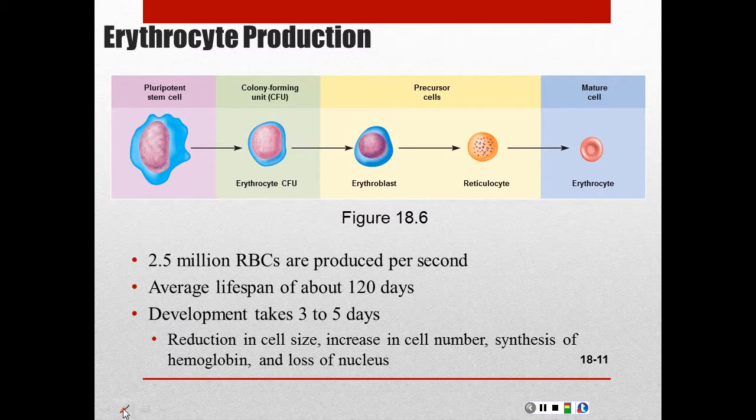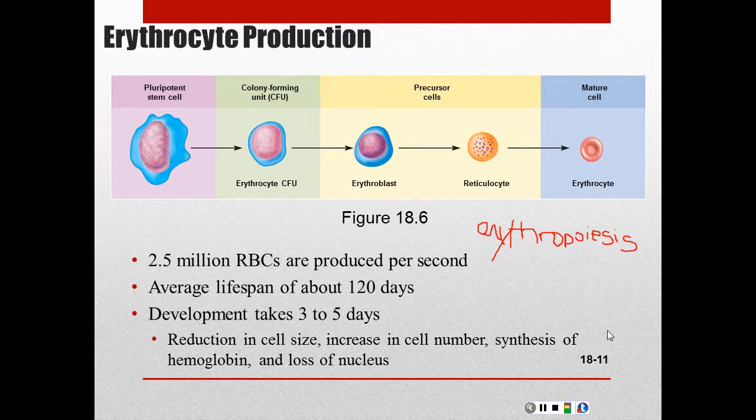I don't remember if I have it on one of the other slides, but it's spelled E-R-Y, sorry for my writing, T-H-R-O-P-I-E-S-I-S. And it normally takes approximately 3 to 5 days for this process, or for this production, to occur.